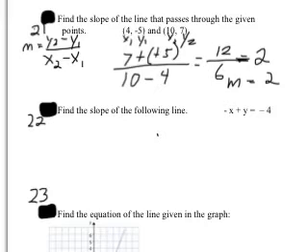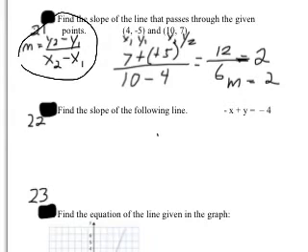Number 22 is find the slope of the following line. Now, we could find 2 points first, right? We could put in 0 for x and get y as a -4, and we could put in 0 for y, and then x would be a +4. And we could use that to find our slope using the slope equation, which we already talked about up here. But the best way to do this is just to put it in the slope-intercept form.